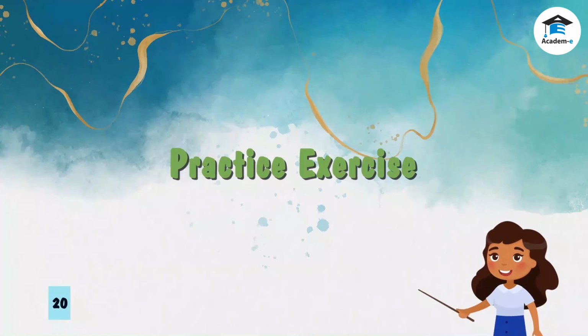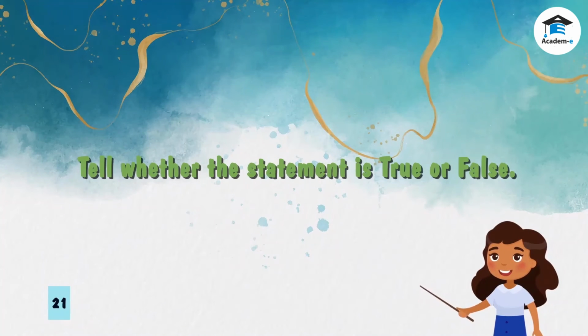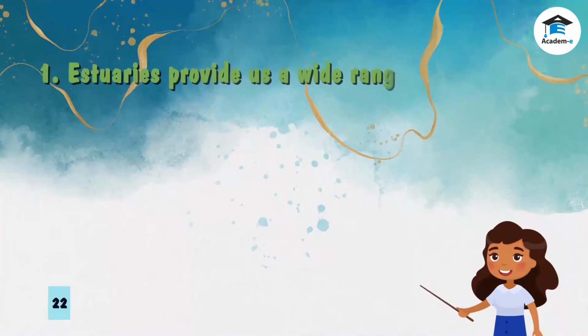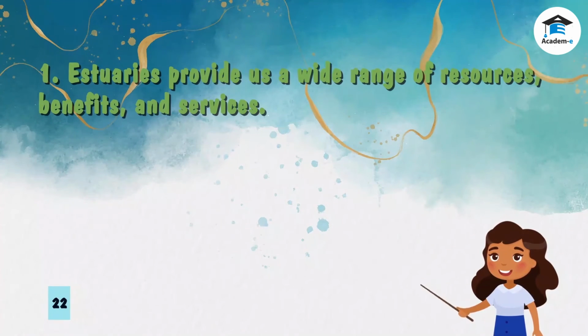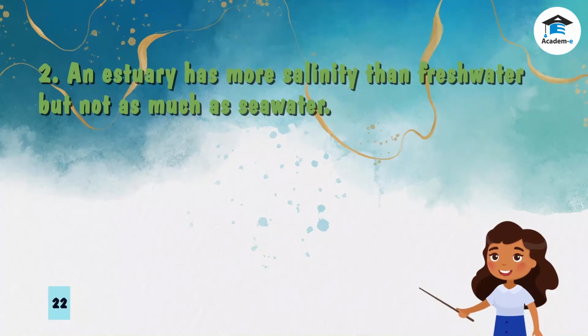Practice exercise. Tell whether the statement is true or false. 1. Estuaries provide us a wide range of resources, benefits, and services. True. 2. An estuary has more salinity than freshwater but not as much as seawater. True. 3.